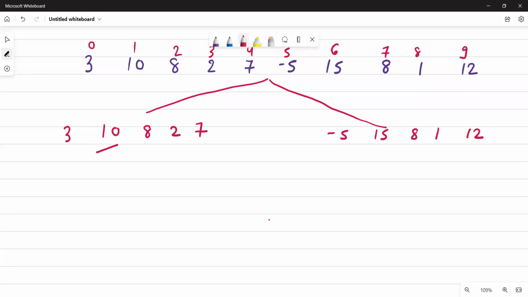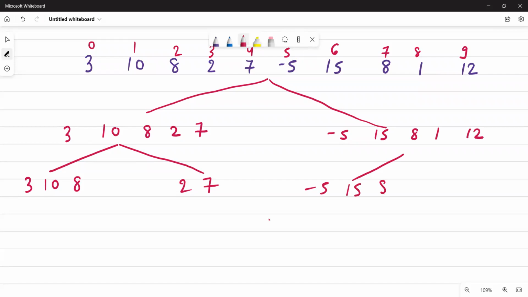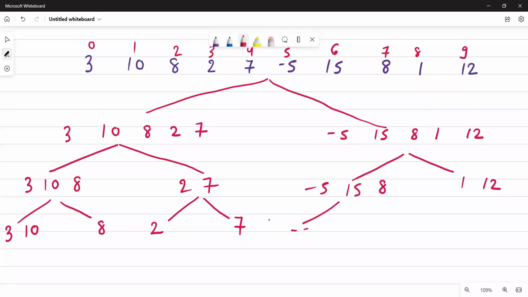Again, we will divide it. Here you are going to get 3, 10. By default, if it is an uneven array, take one extra in your first side, then 2 and 7. Here you are going to get minus 5, 15, 8. Here you will get 1 and 12. Next is 3 and 10. Here you will be getting 8. Here 2, 7, minus 5, 15.